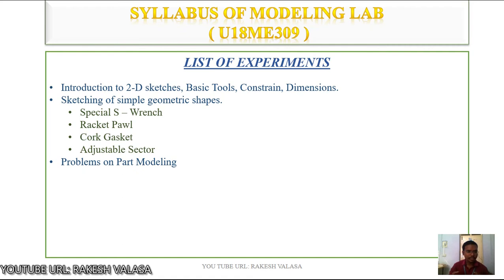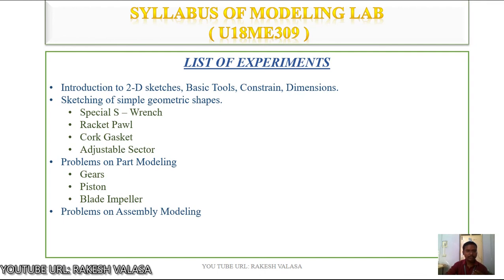In this part, we will learn sketch-based features like pad, pocket, shaft, groove, rib, hole and dress-up features. By using all those tools, we will create part models like gears, piston, blade impeller, etc. The third module is problems on assembly modeling.